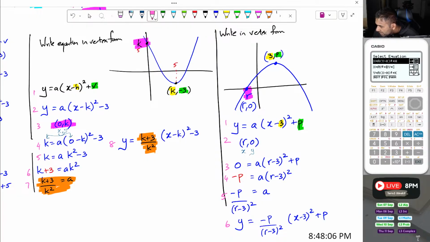Why, when the point was k, you put the coordinate (k, 0)? No, I didn't put (k, 0). So, Max, you asked that question.